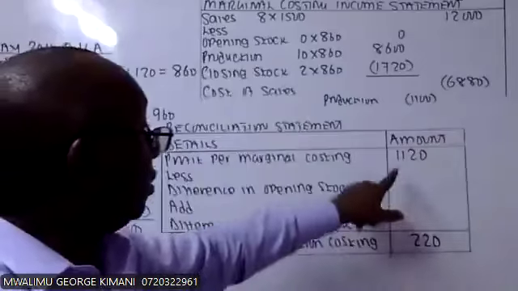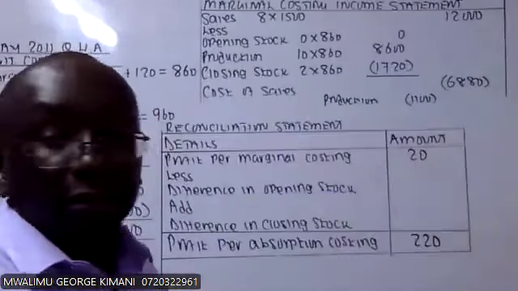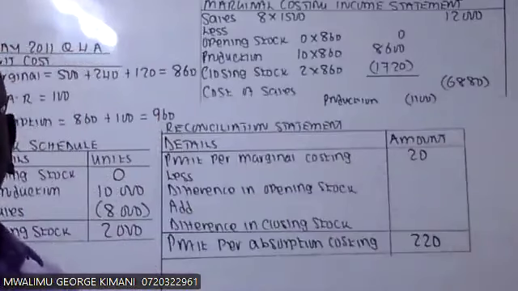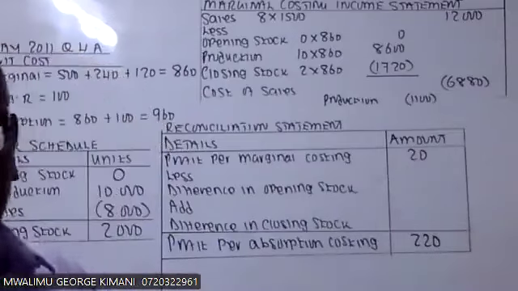So this profit is not true. It should actually be like that. So adjust and tell me whether the profit is 20. That cost I forgot.